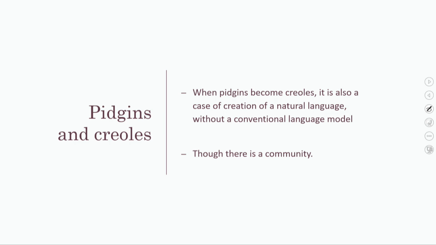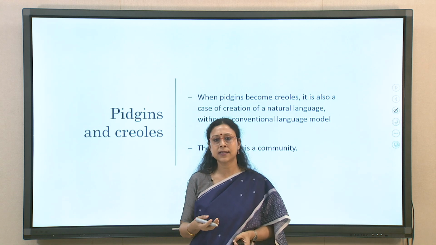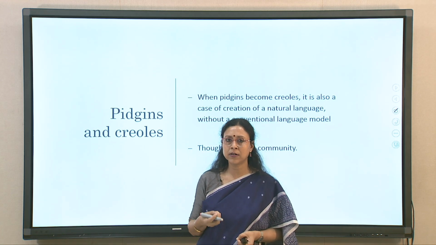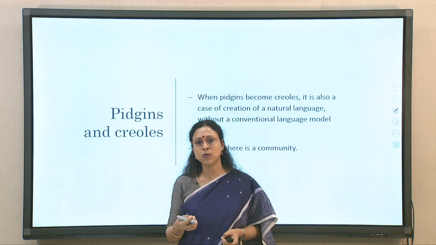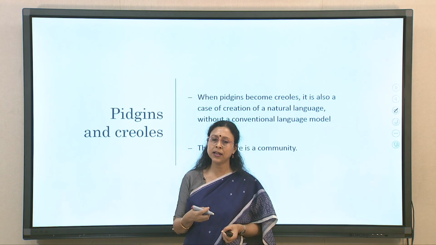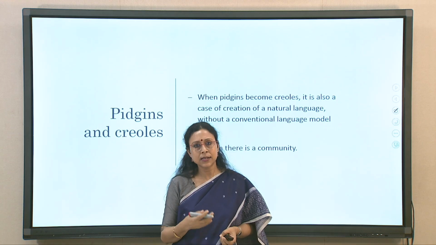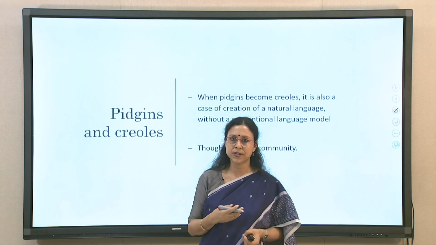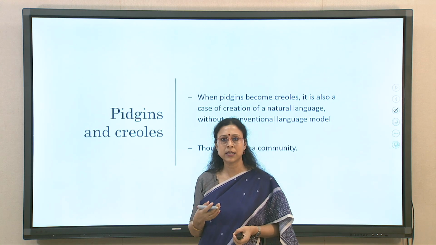But over a period of time, the simplistic nature of pidgin changes into having complex grammatical systems and so on, and eventually when creoles are spoken by children as a native language, as their first language, it tends to get more and more complex, and it takes a life of its own and becomes like any other normal language.